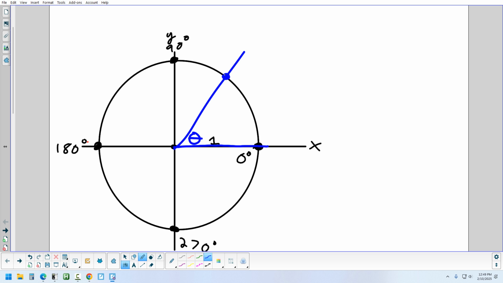And the goal in unit circle trig is to figure out where that side of the angle comes into contact with the circle. That's the coordinate we need to figure out. And then once we have that coordinate, we do something with it. To figure out that coordinate, you have to find 2 numbers: the x value and the y value.